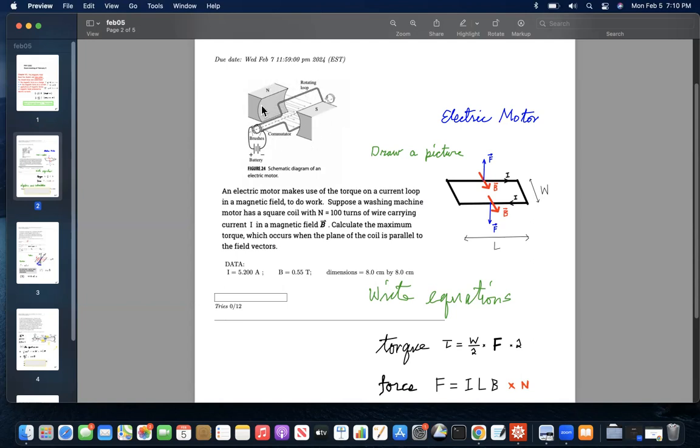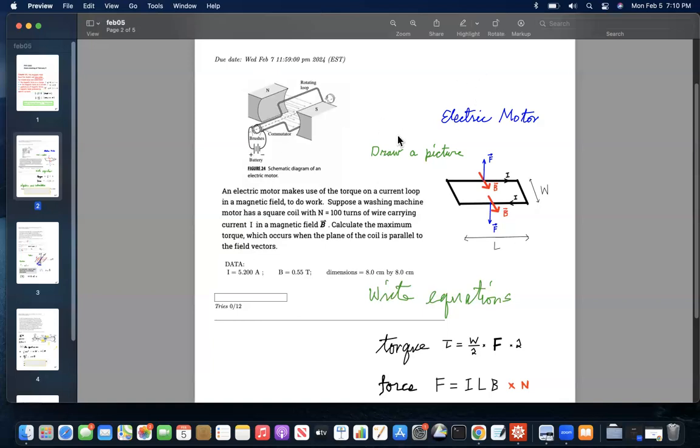So the torque will be strongest when the loop is in the plane of the magnetic field. That is to say, where the plane of the loop is parallel to the magnetic field. And so we're going to calculate that torque. That's when the torque is a maximum.